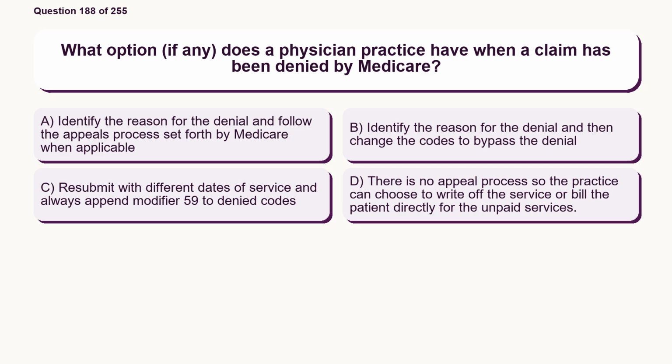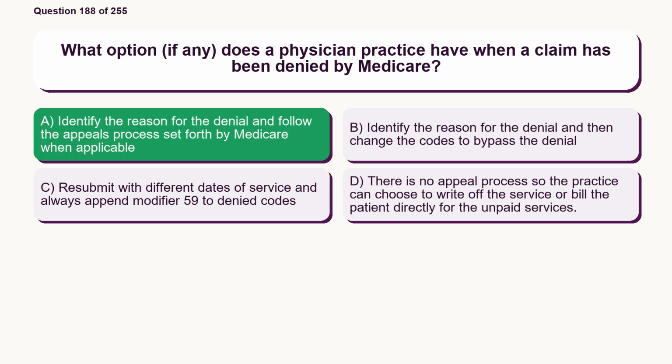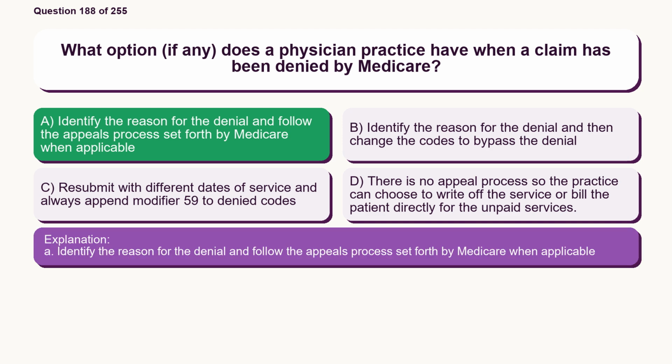Option D. There is no appeal process, so the practice can choose to write off the service or bill the patient directly for the unpaid services. The correct answer is option A. Identify the reason for the denial and follow the appeals process set forth by Medicare when applicable.